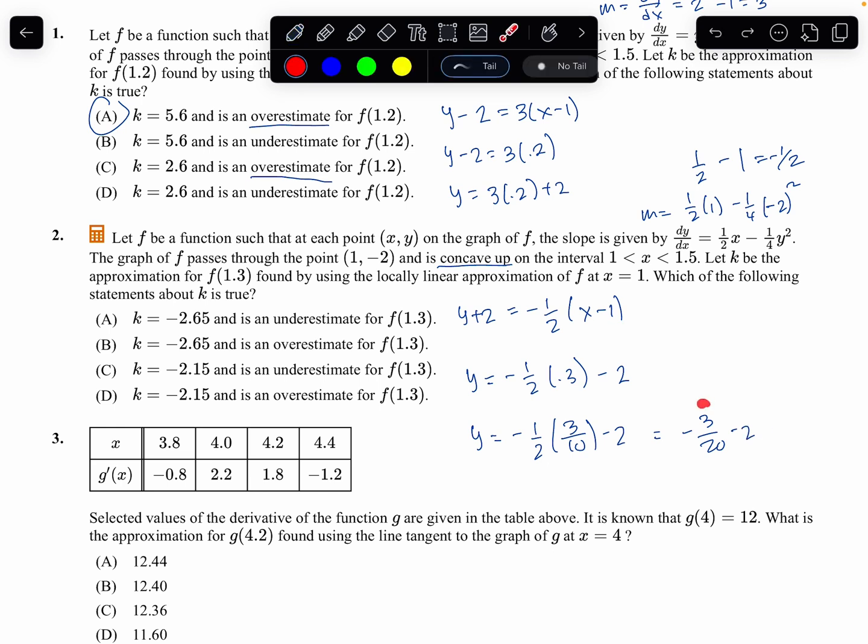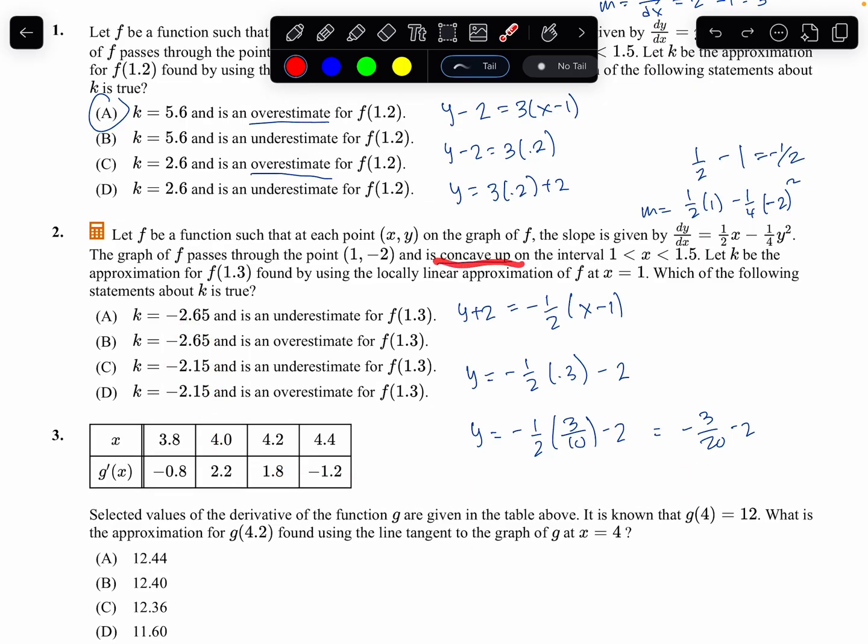So 3/20 is definitely going to be less than 50%, so it's got to be one of these two right here. I'm assuming it's going to be 1.85. And since the function is going to be concave up, a tangent line is going to be an underestimate. So I think it's got to be C, right?